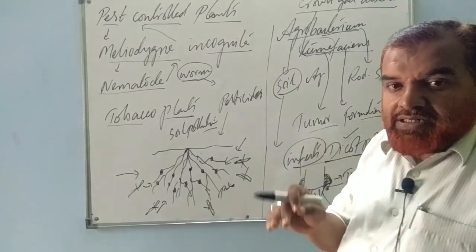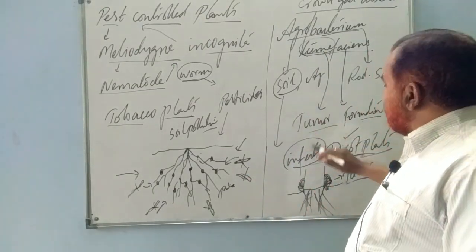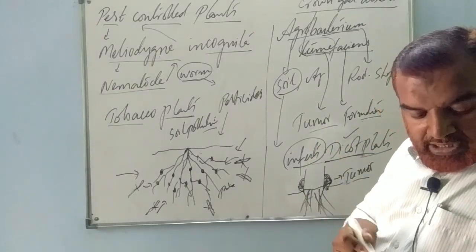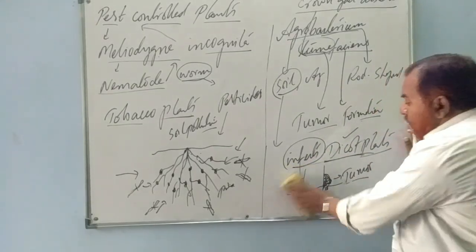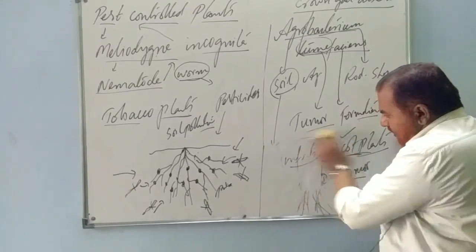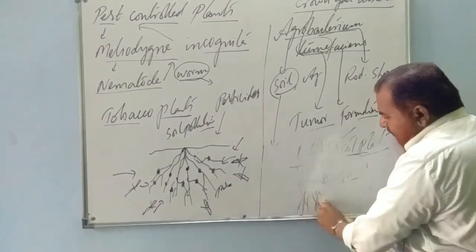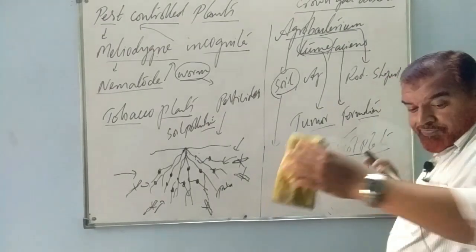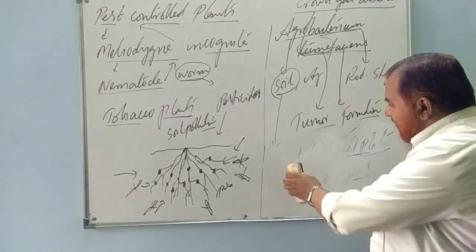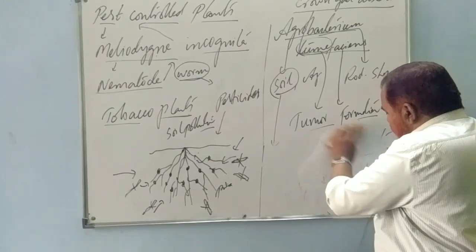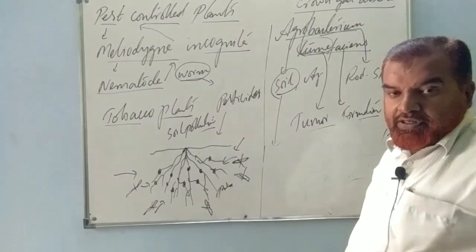Now, if the doubt comes to your mind how this tumor is caused, one more very important biotechnological point to tell you how this tumor is caused: in your 11th chapter of biotechnology, you have studied a plasmid.